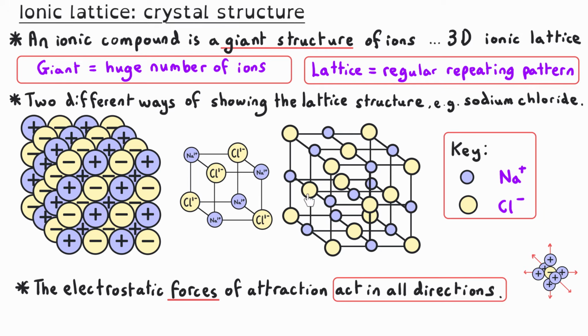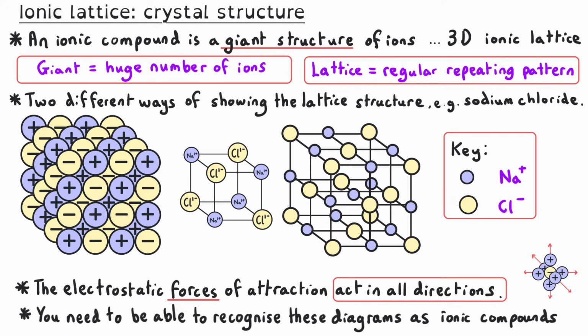What's different in the second one is that the charges aren't shown, but I have included a key showing that the blue ions are the positive sodium ions, Na+, and the yellow circles are representing the chloride ions, Cl-. Both of these diagrams are showing the lattice structure of sodium chloride, but in slightly different ways.